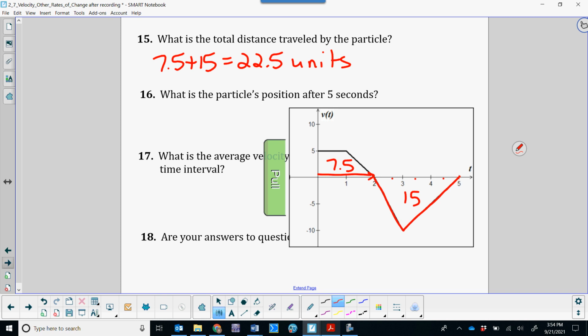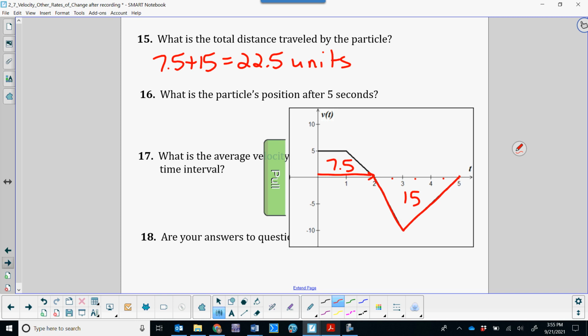Now, don't say its position is negative 7.5, because we have to know the starting position in order to know where it ended up. And we don't know the starting position, we just have this graph. Nobody said it started at 5, or it started at 8.